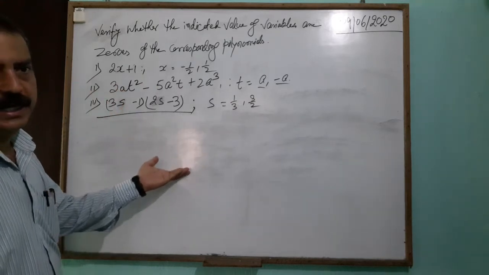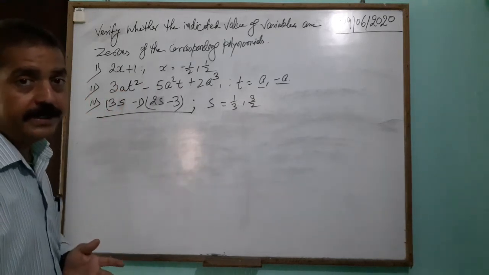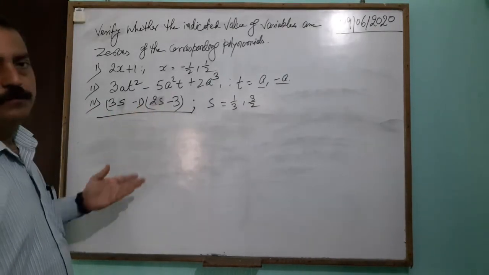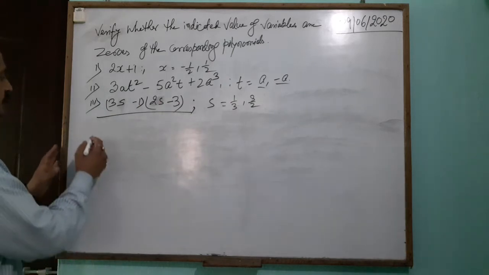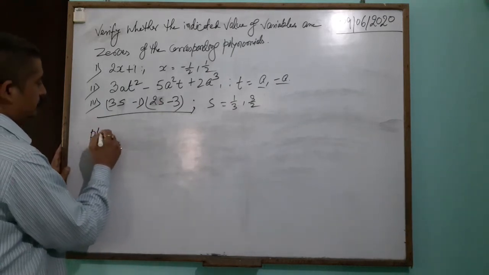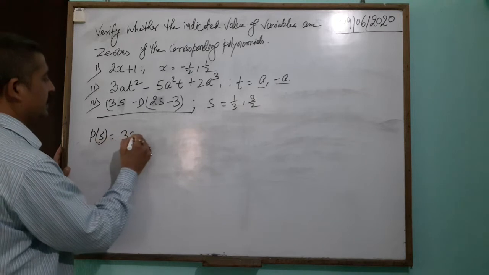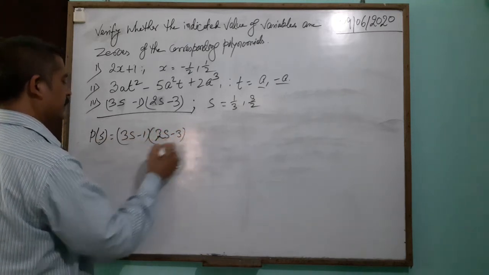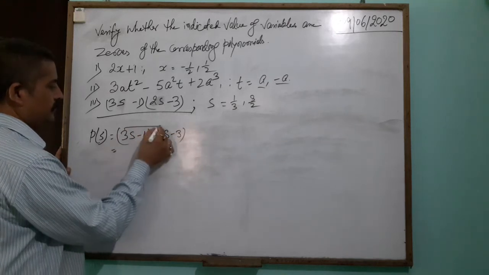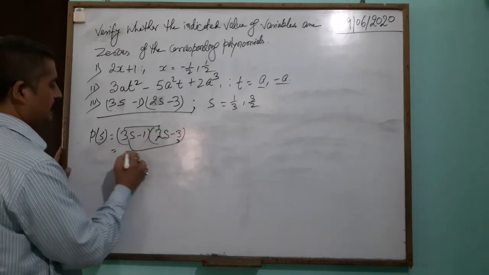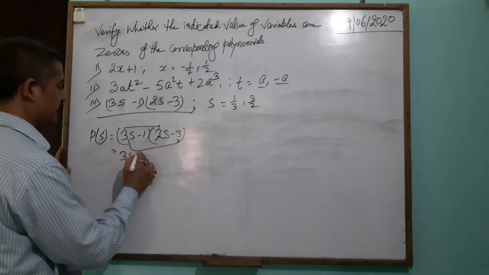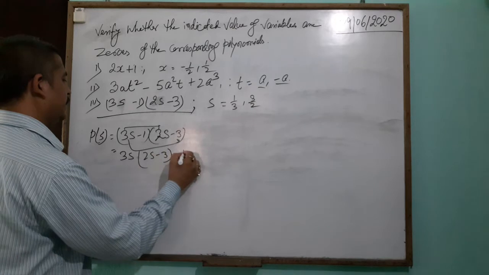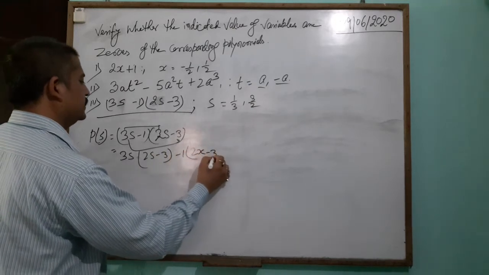We directly use the identity, but if it is not an identity, then we solve by the product method. So first of all we write down 3s minus 1 and 2s minus 3. So what is the product, again you take 3s times 2s minus 3, minus 1 times 2s minus 3.